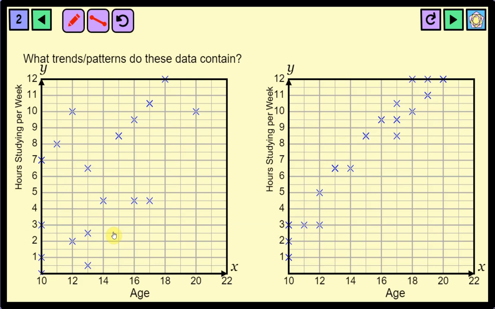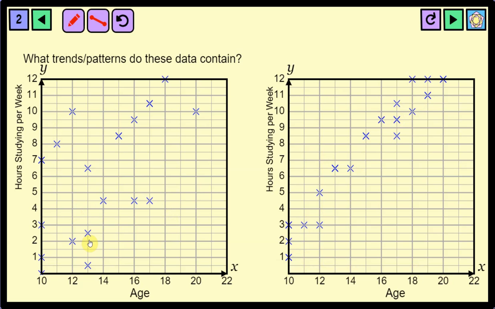Well, on this one on the right, it's really clear that as people get older and get into higher levels of education, so this might be a university stage, of course you're going to be studying a bit more. This is your A-levels, this is your GCSEs, and this is your primary into the beginning of secondary. And it's showing a really clear positive correlation that as you get older you study more. There's no outliers or anything.